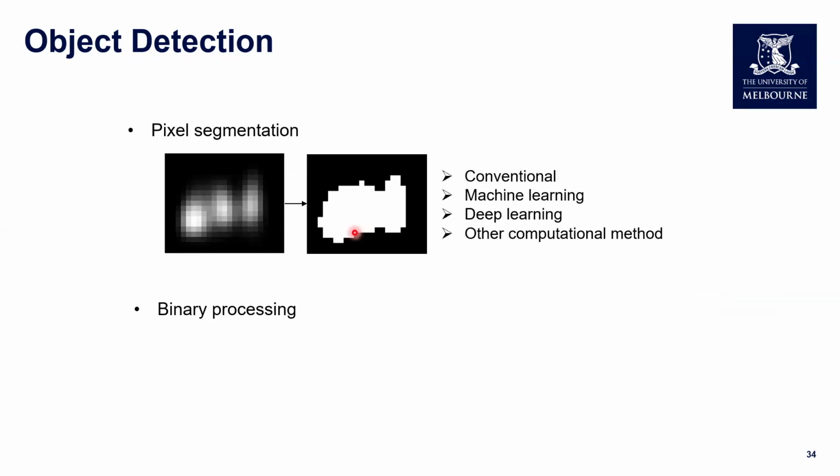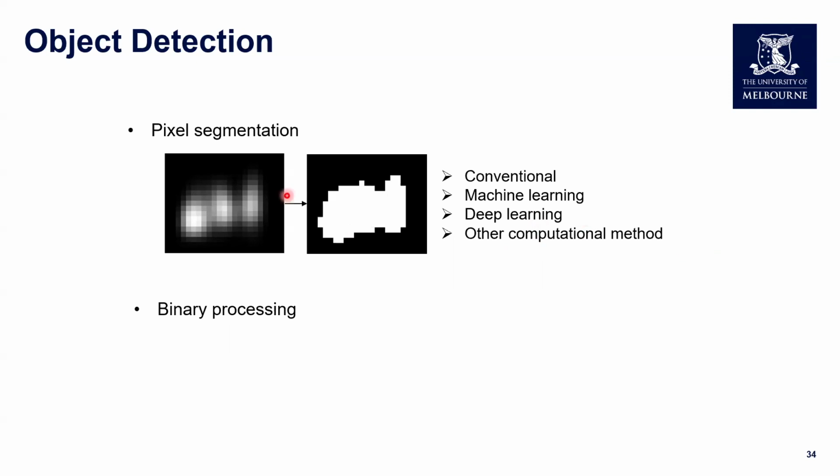Getting object detection right is really crucial for accurate measurements. So there have been many different approaches developed, and I will introduce four main approaches in the next slides. These include conventional segmentation, machine learning, deep learning, and some other computational methods.